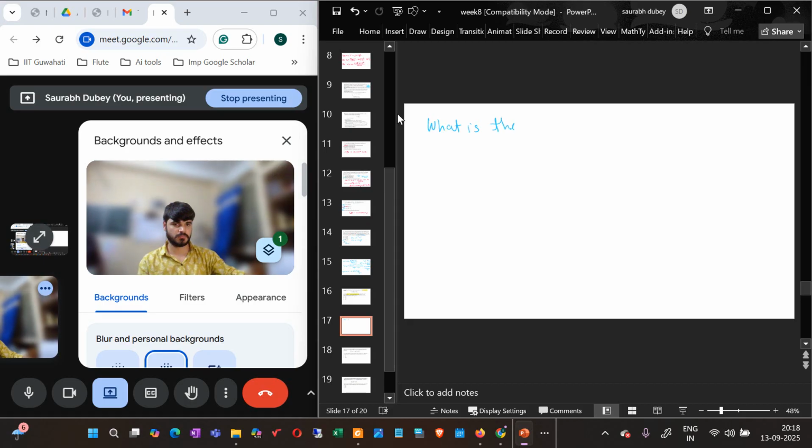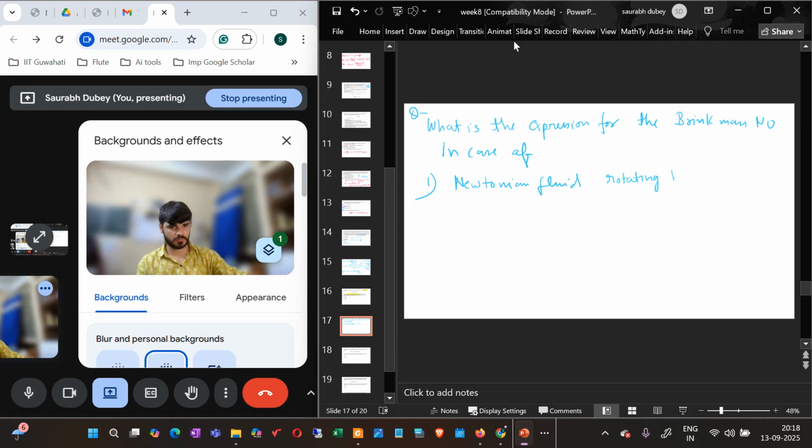What is the expression or the Brinkman number in case of, one, a Newtonian fluid rotating between two axial cylinders, inner stationary, outer rotating.